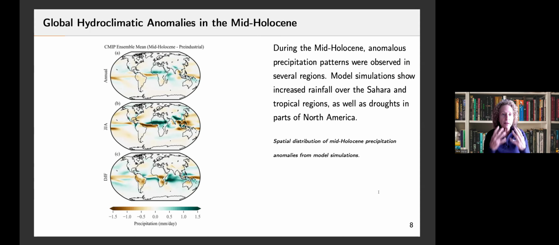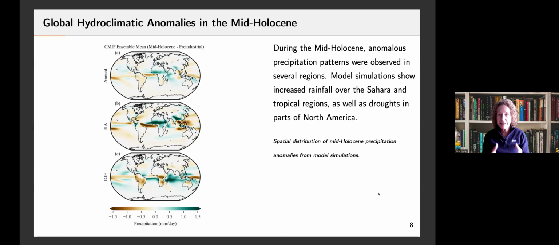We don't have enough spatial proxy data to actually do this sort of more specific analysis. And models are a good way to examine physical processes, and especially the spatial behavior of these hydroclimate changes across time.